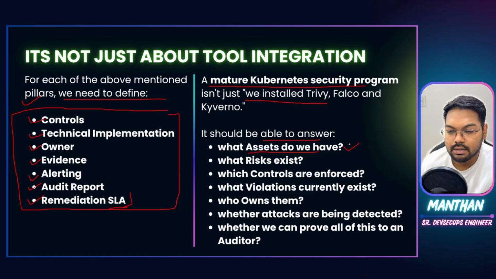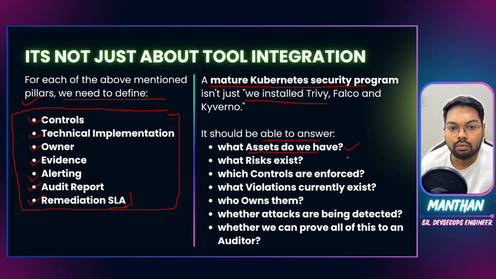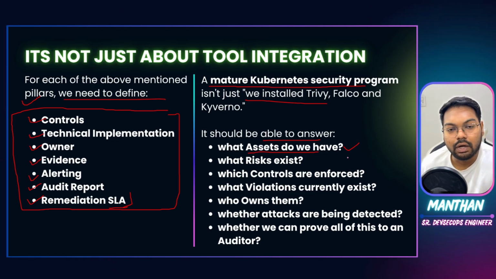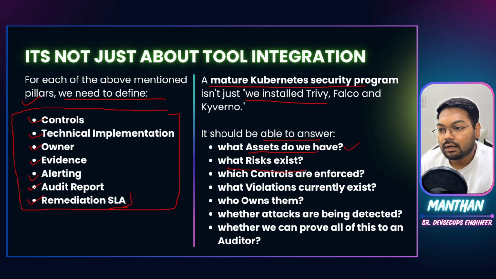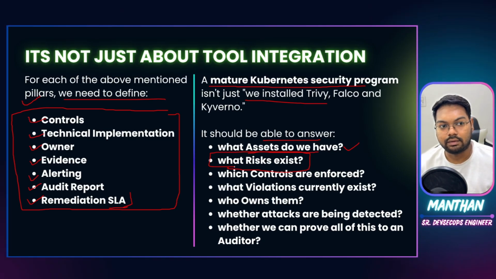If there is any database, how do you know? Or if you don't know, if you have a database, how are you supposed to secure that thing? So that's why identification of assets is one of the most important things when we talk about Kubernetes security program maturity. Then what are the risks associated with that thing? Okay, what risk right now exist?